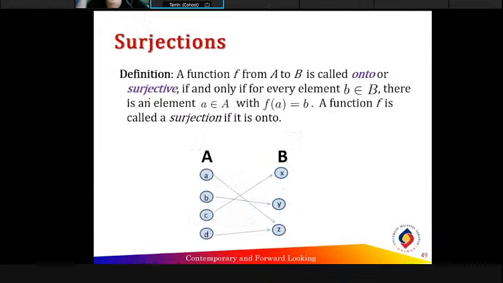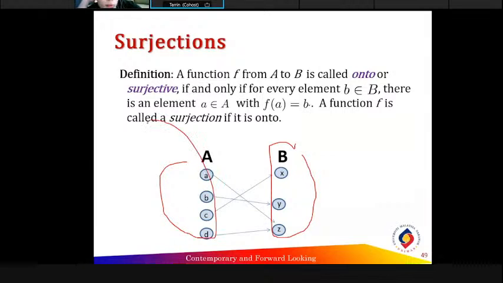So surjection is the next property, and that is saying that it is an onto or surjective function if and only if for every element b in set B, there's an element a in set A with f(a) equals b.